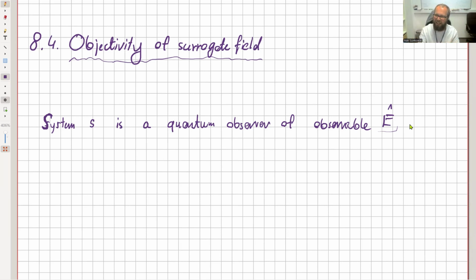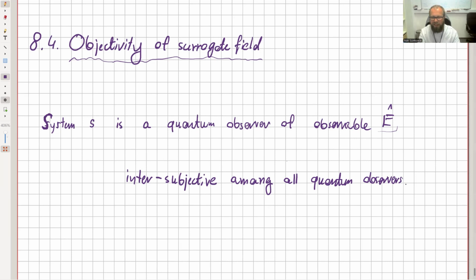So in this sense, the surrogate field, if it works, is intersubjective among all quantum observers. You know what subjective means: one observer has a certain experience of the thing it observes.